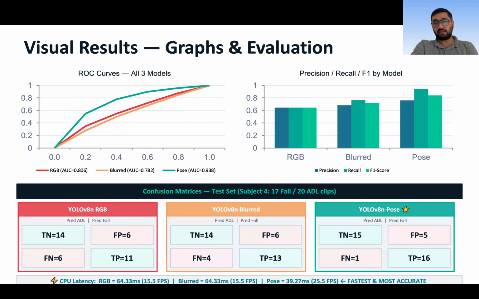That single false negative is what drives the highest recall score. And finally, at the bottom, the latency comparison confirms the Pose model runs at 39 milliseconds, giving approximately 25 frames per second, sufficient for near real-time monitoring on local hardware.